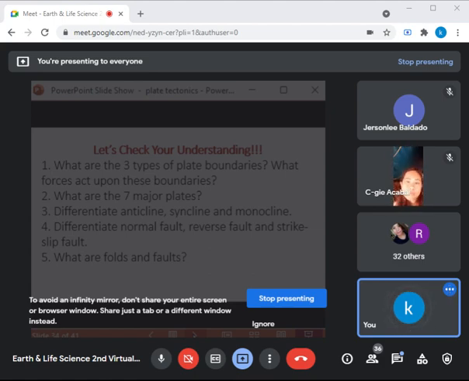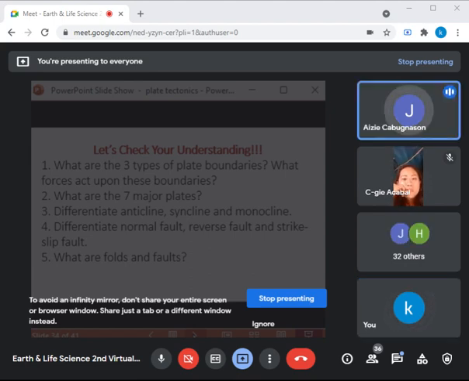What are the 3 types of plate boundaries? And what forces act upon these boundaries? Let's have Ege, FJ. Ang dili mo tubag meaning nakatulog.